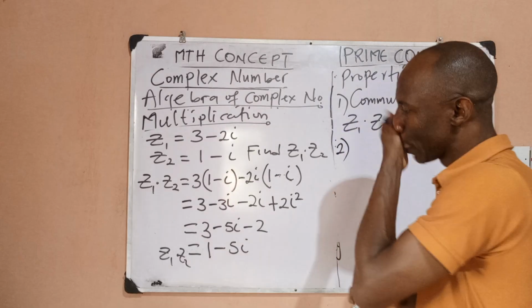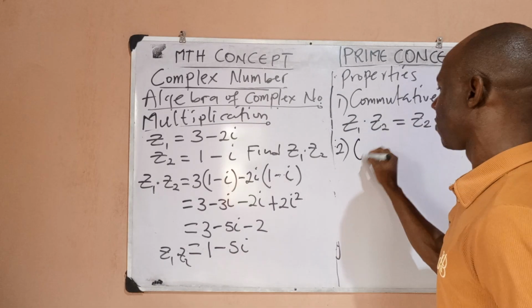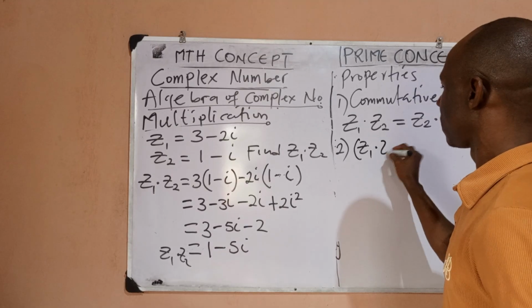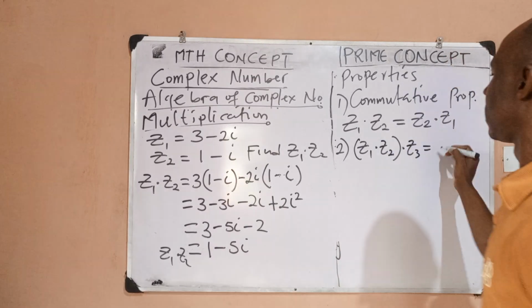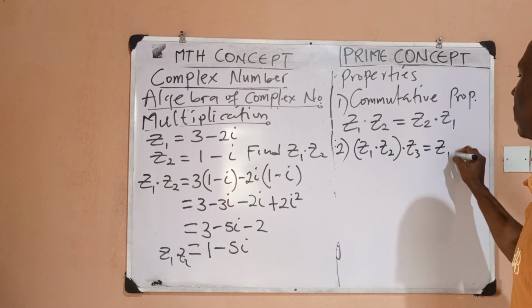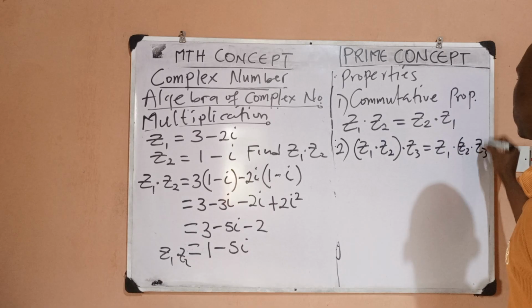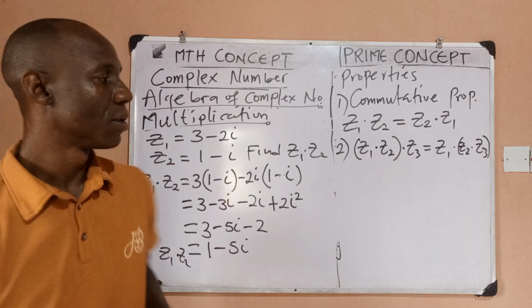Another property I want to point out is associative. So if I have z1 times z2 times z3, this is the same thing as z1 times z2 times z3, grouped differently. So this is also true. This is the associative property.